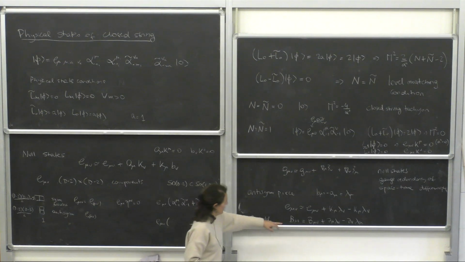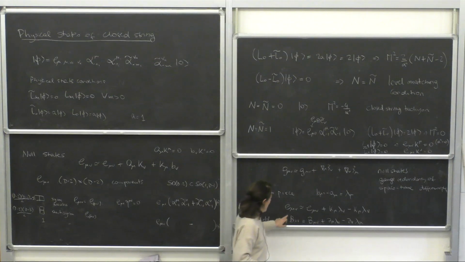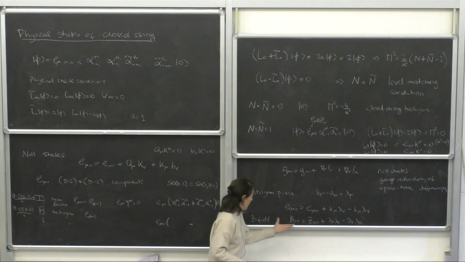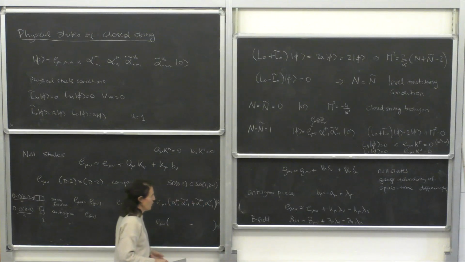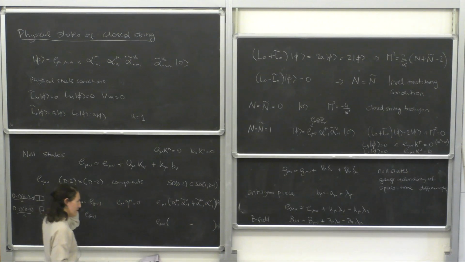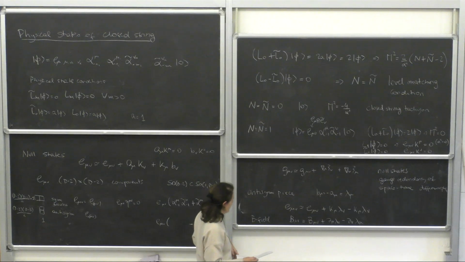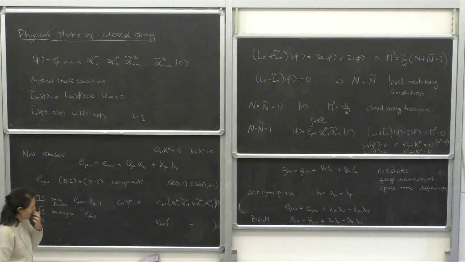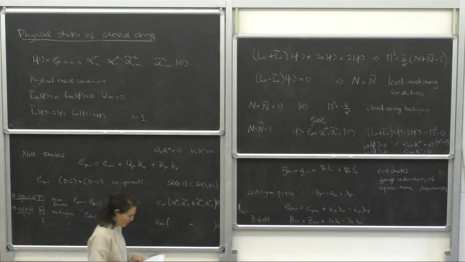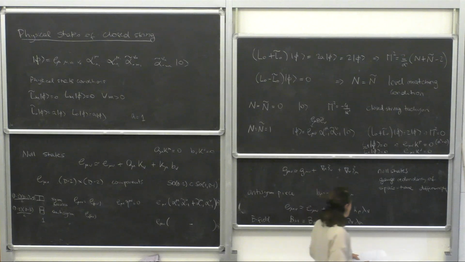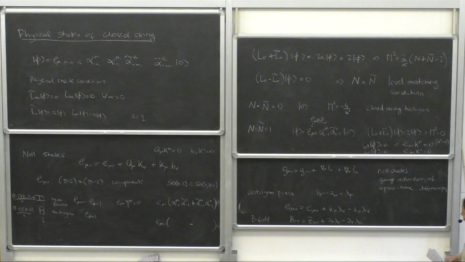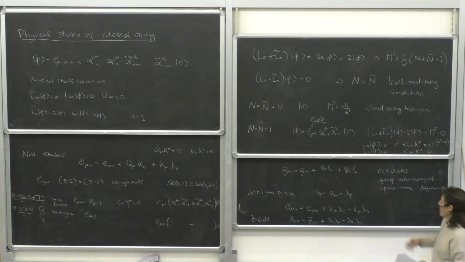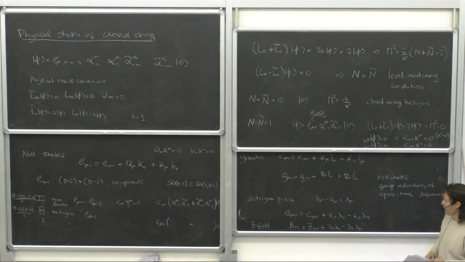But in 26 dimensions, that's not true. You can dualize this to a 26 minus 3 form, so it's not much better. Okay, and I'm going to say more about this field. This quanta will also appear in the superstring.